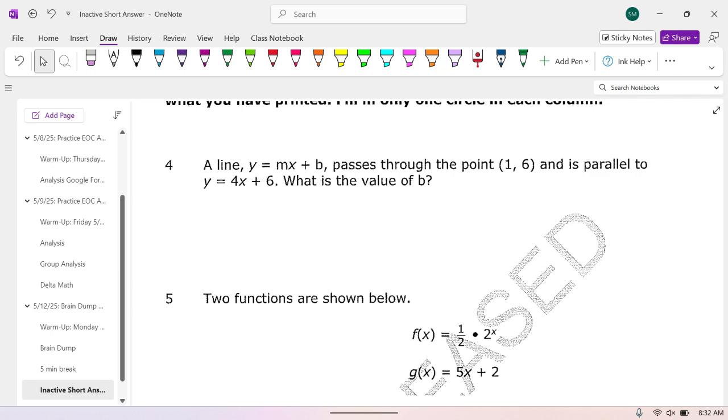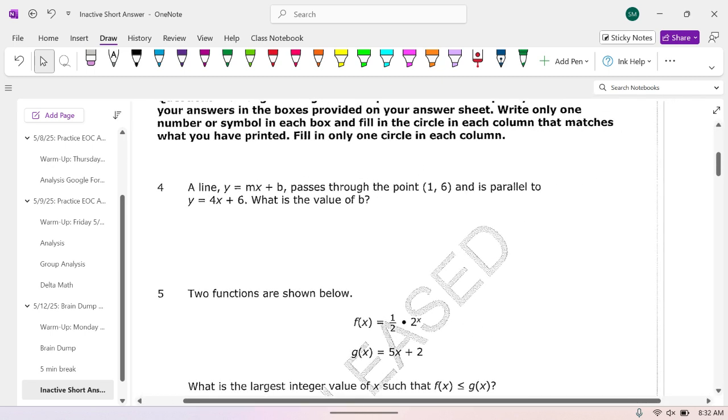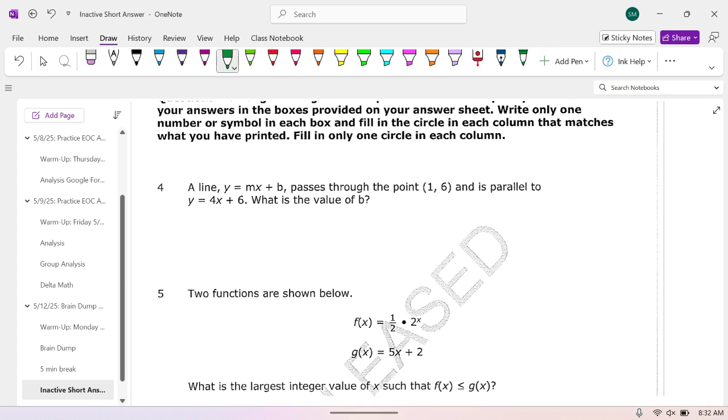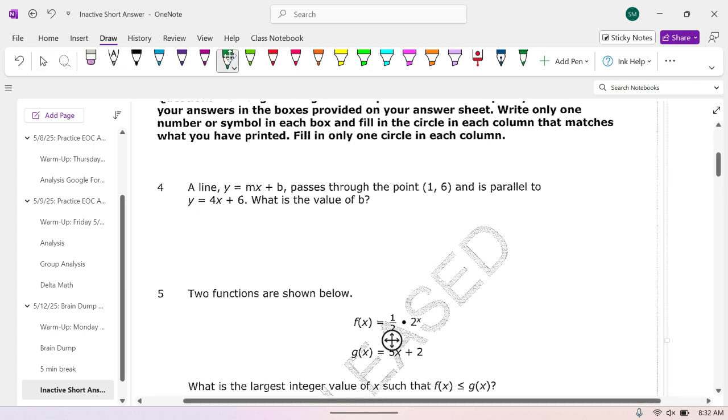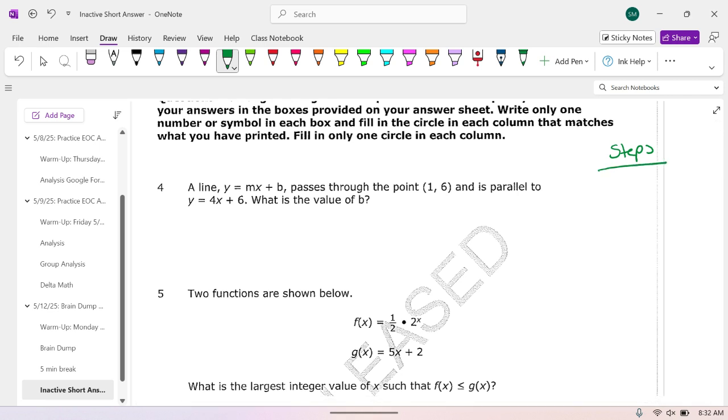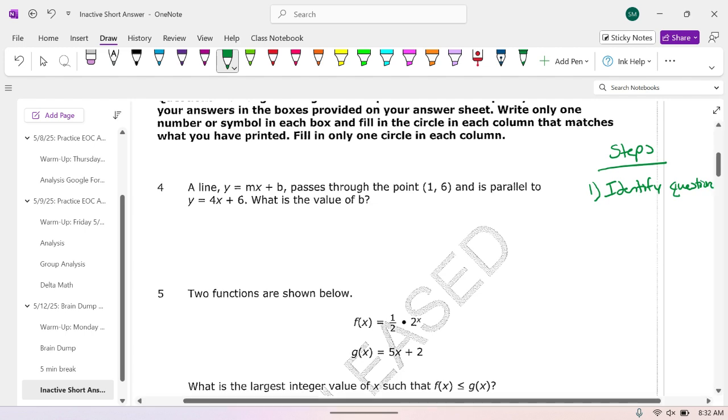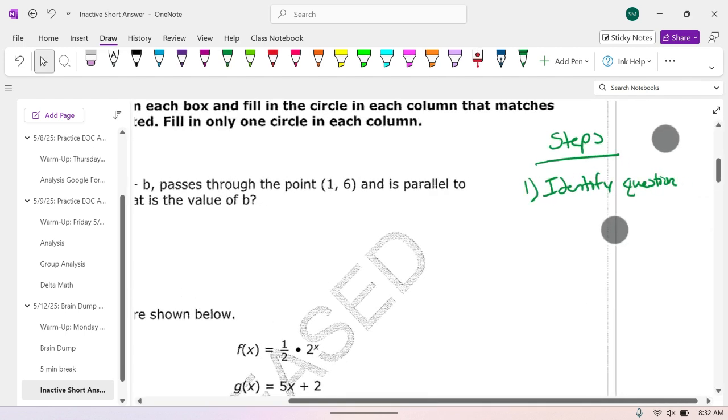So, some general things when it comes to answering short answer questions that you may want to make note of. All right, so just some general steps. The very first one is identify the question. So, specifically, what is it asking you to do?